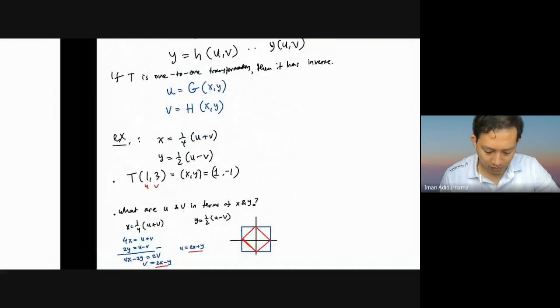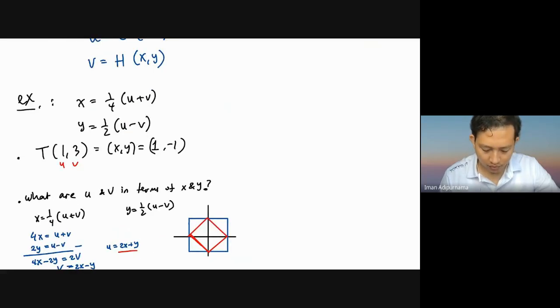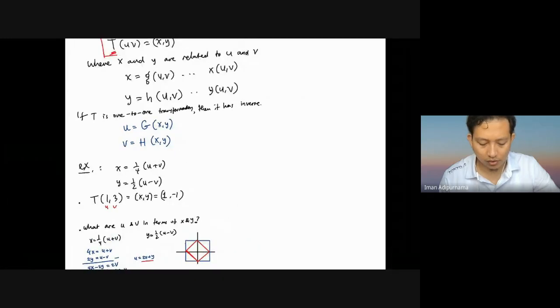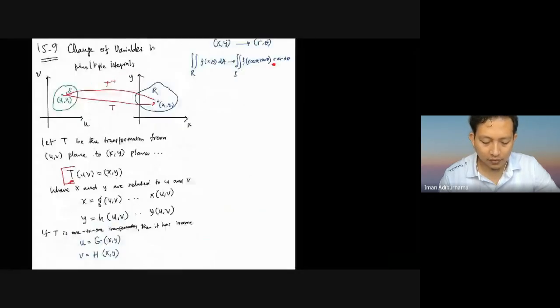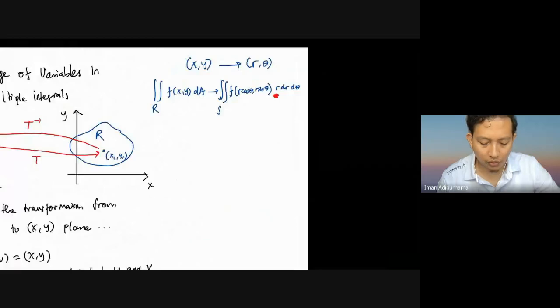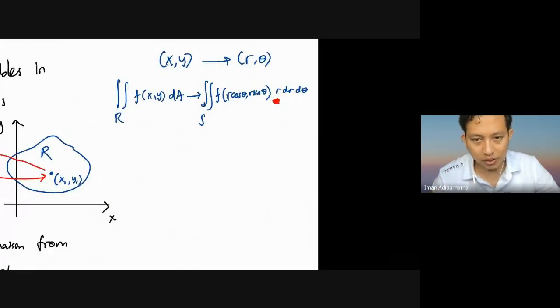And we can draw and then look at the difference from the original drawings when it is transformed to another axis. And that is actually the same idea as when you are transforming the xy variables into r theta, into polar.